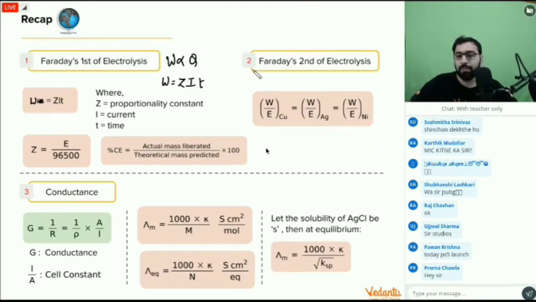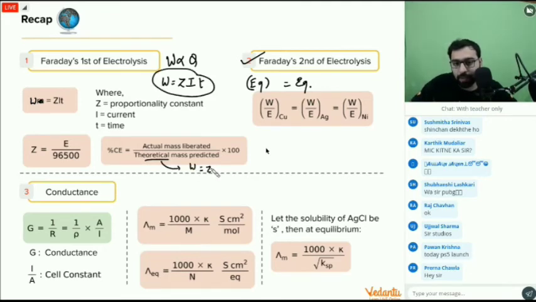Faraday's second law of electrolysis was that equivalents were equal. How to calculate equivalents? Given weight upon equivalent weight. This was the second law. One term we studied was current efficiency: actual mass liberated or deposited divided by the theoretical mass. This theoretical we calculate by this formula, W is equal to ZIT, and what we get is called current efficiency.